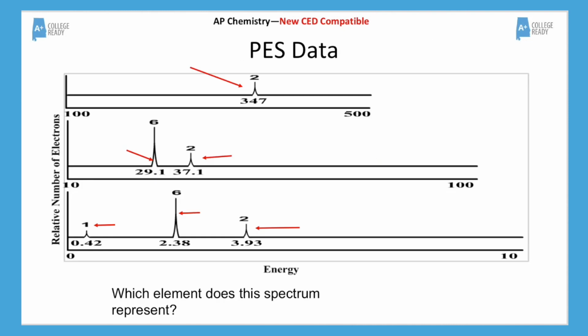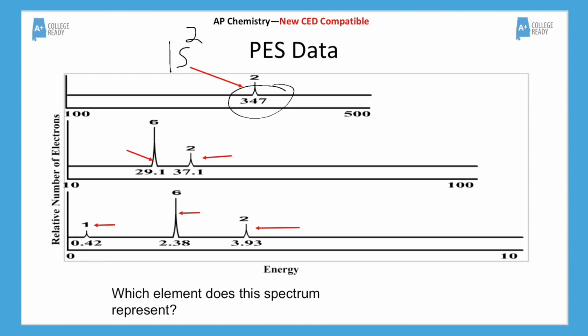Okay, now let's look at another one. This one has 3 lines of graph. So again, find the peak with the highest energy value. I'm looking around, there's 3 different ones to look at, and I see this, 347. So I'm going to say that must be 1s, and if there's other peaks, that one must be full, because we're doing ground state.